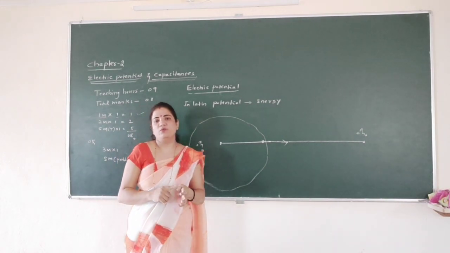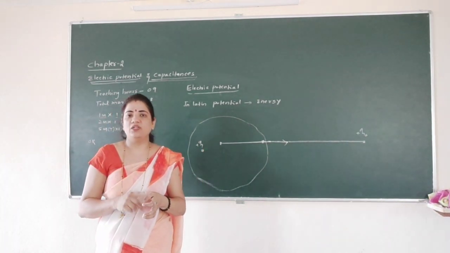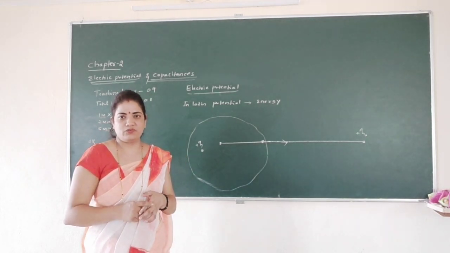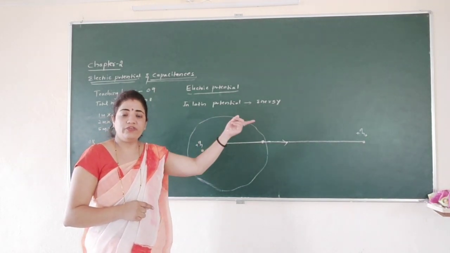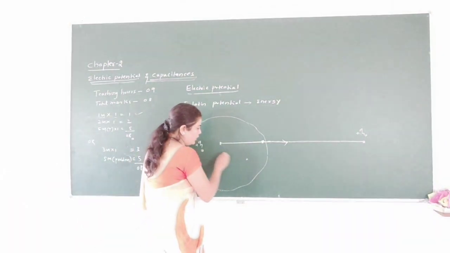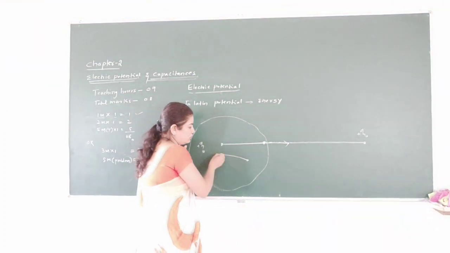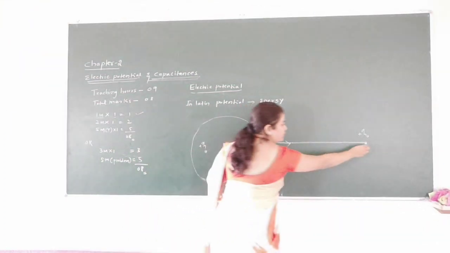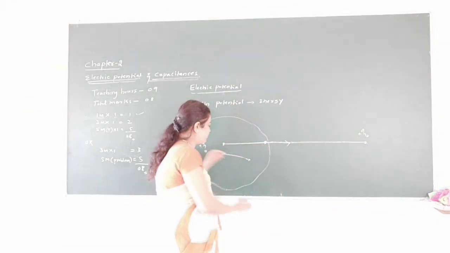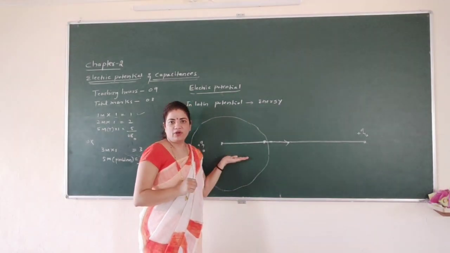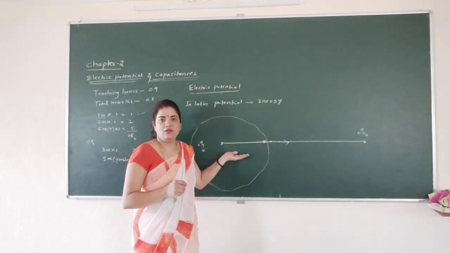See how to write what is electric potential. The work done in bringing unit positive charge from infinity. Infinity is very important, because we can move a charge from this point to this point also, but this is not infinity. That's why infinity is very important. So what are we doing?